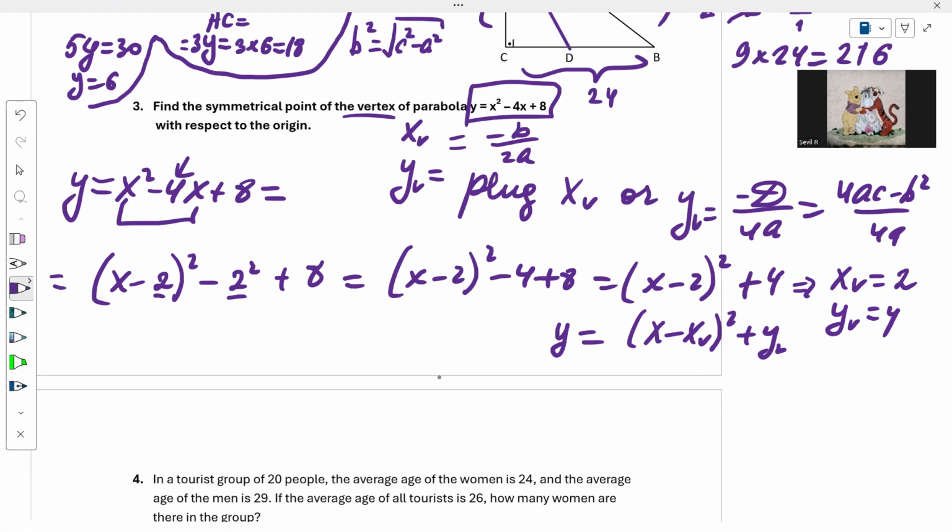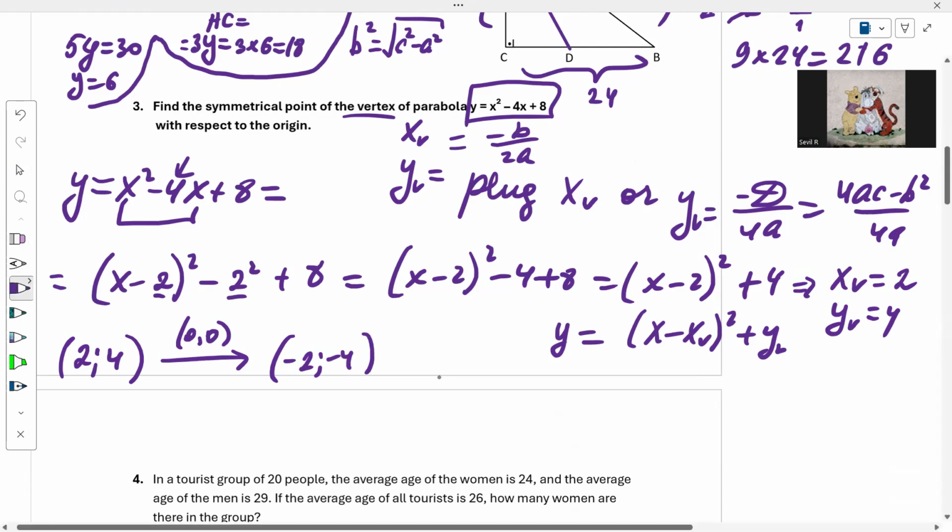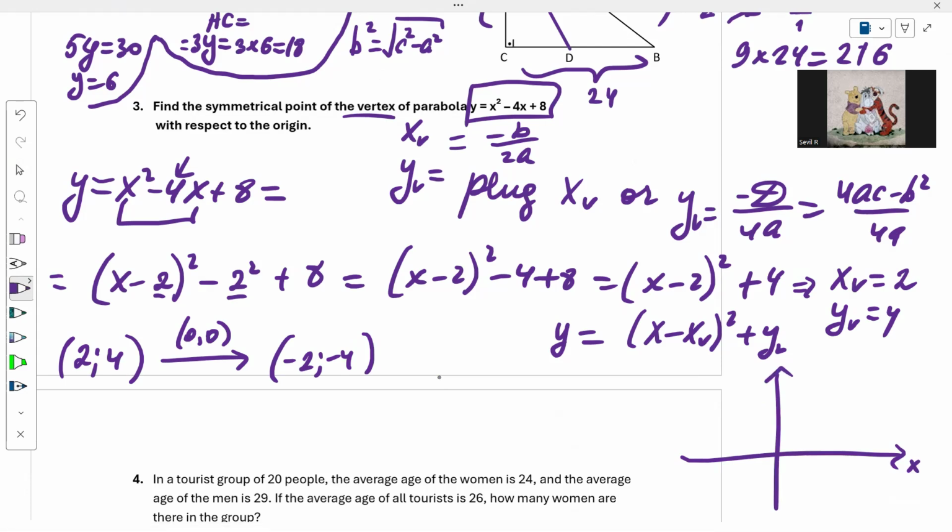So now this is done. Okay, this is our first part. The second part, find the symmetrical point with respect to the origin. This 2, 4, with respect to the origin, which means 0, 0, will be converted to negative 2 and negative 4. Guys, you may think why, just show it on the graph x, y.